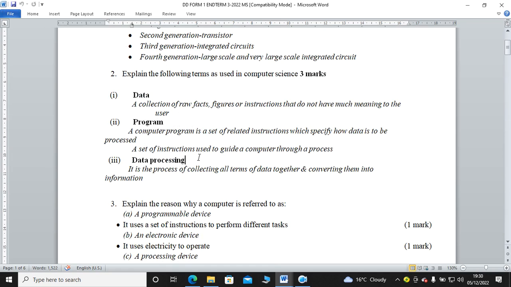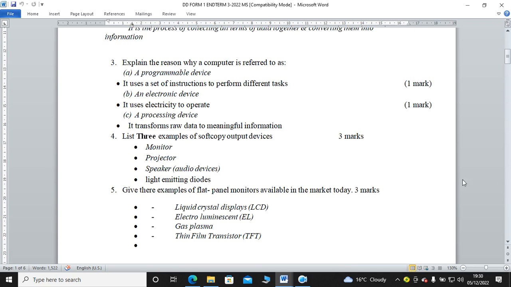Then guys, we have the next part, question number 3. Explain the reason why a computer is referred to as a programmable device, an electronic device, and a processing device. A computer is referred to as a programmable device because it uses a set of instructions to perform different tasks.